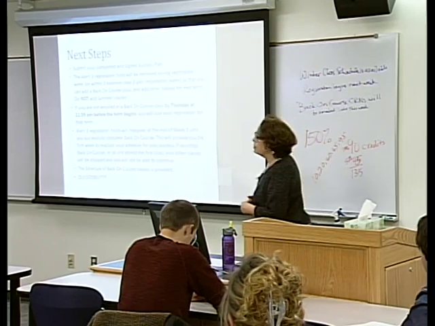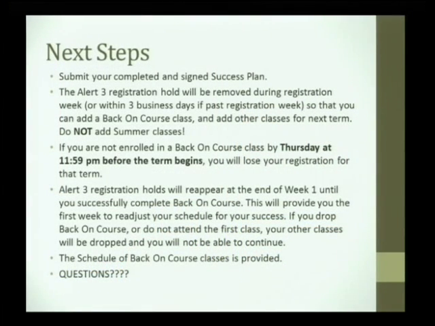So your next steps, important. You need to submit your completed and signed success plan. So you're going to be turning that in to me before you leave. The Alert 3 registration hold will be released sometime this week.